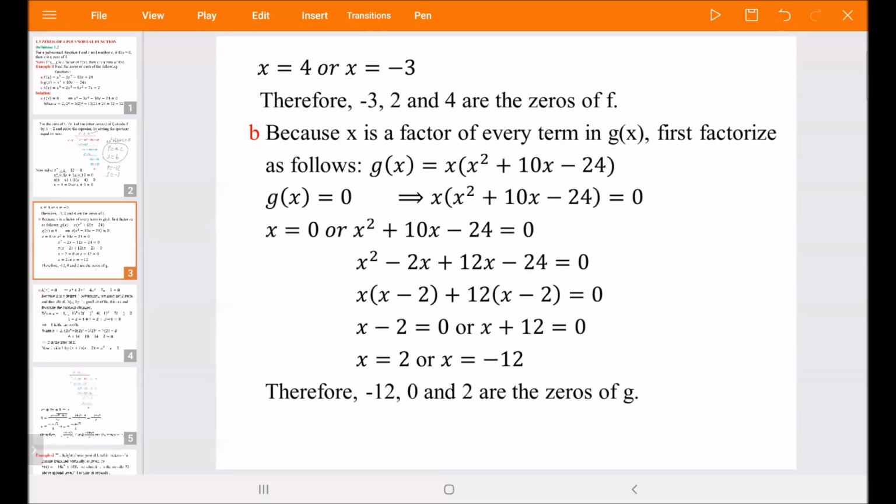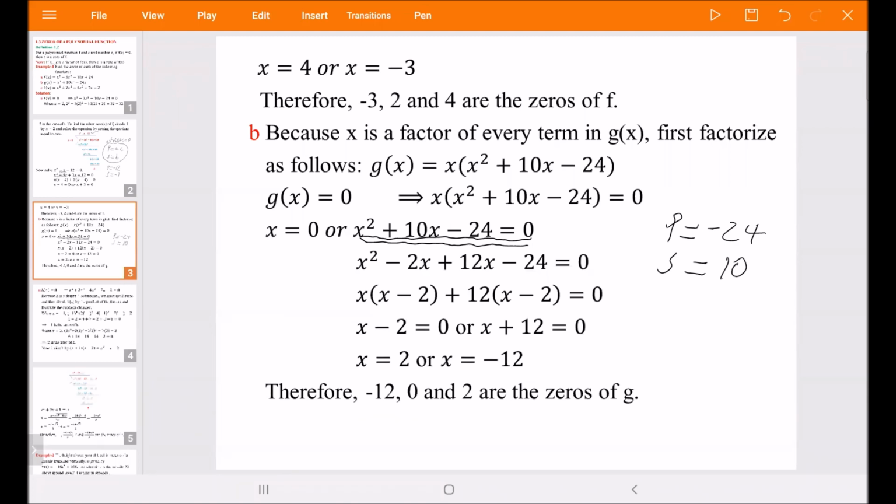So you set x equal to 0, or the expression inside the bracket, x squared plus 10x minus 24, equal to 0. Because the coefficients of this quadratic equation are integers, now try to find two integers whose product is minus 24 and whose sum is 10.